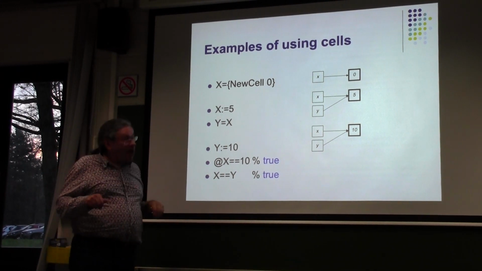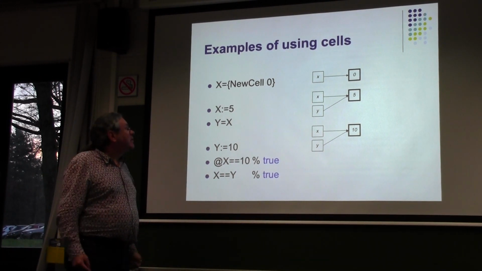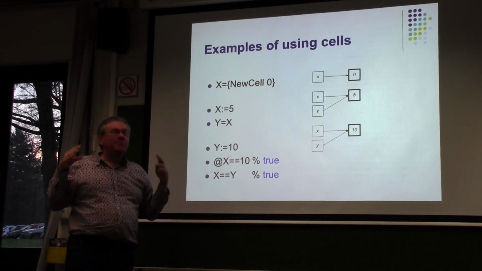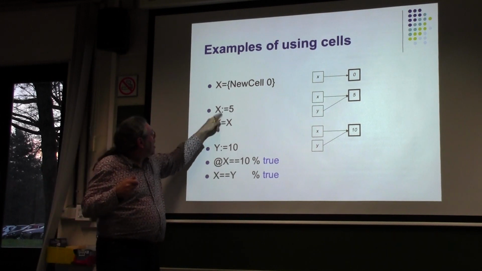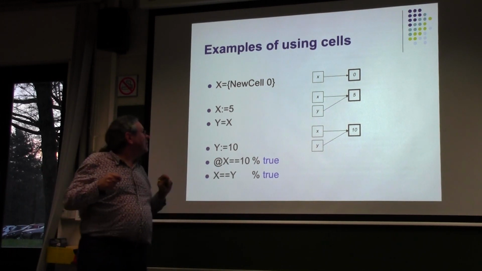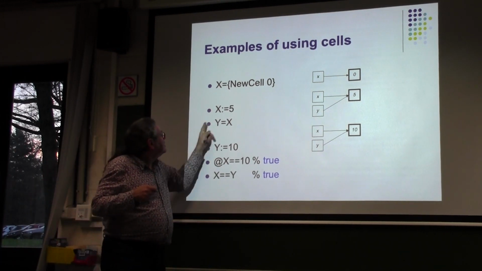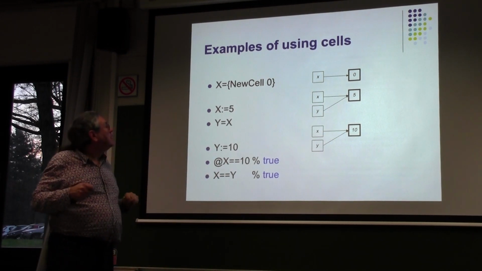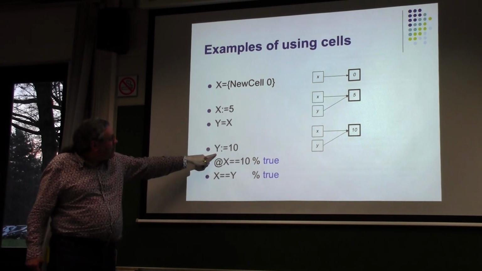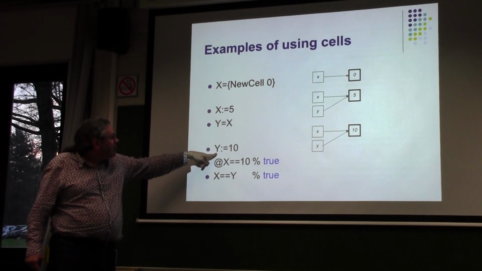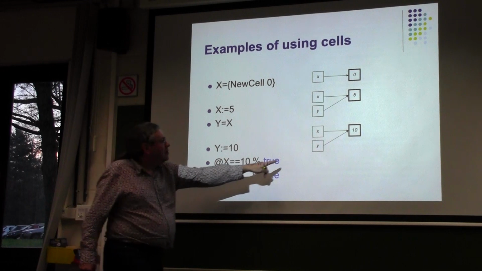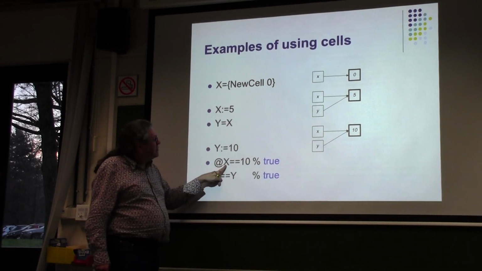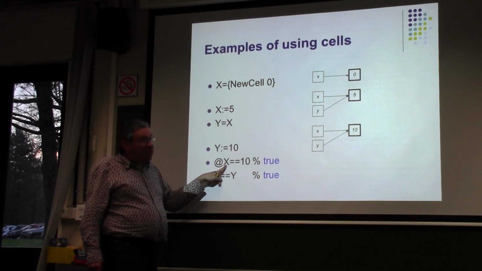This is something you have because you separate the name and the content. And this is a big problem. So X and Y, you can call them also pointers, for example. Languages with pointers are like this. If I now update the content through Y to 10, that means the cell content will be 10, but X is the same cell.